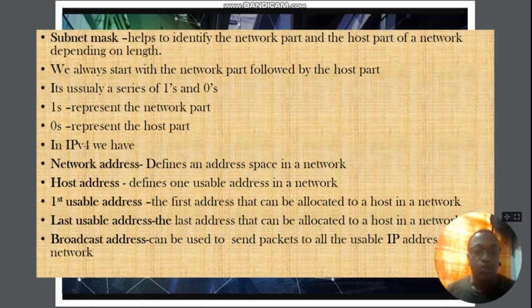This is a term used to define an address space in a network, okay, and an IP version 4 network address is basically issued to you by an internet service provider, okay, and this is what you basically use to subnet your network or scale it, okay. That is what we call a network address. It defines an address space in a network. I hope you are very clear on that.